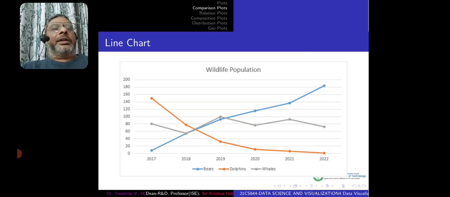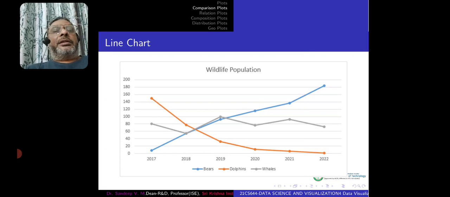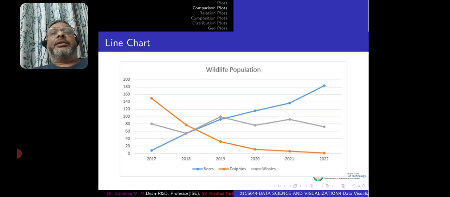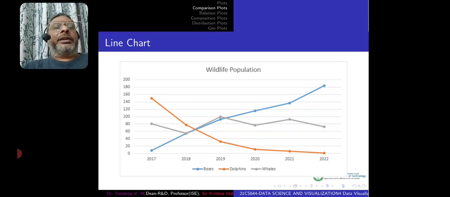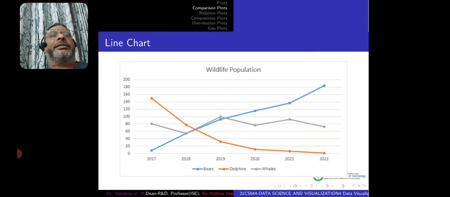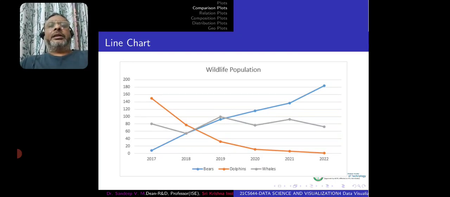It's okay, the number of whales is consistent, but it's a very sad part to say that the number of dolphins is going down. So just looking at this one plot, we can tell this whole story about what the wildlife population is in the given area, and that's what a line chart can do for us.